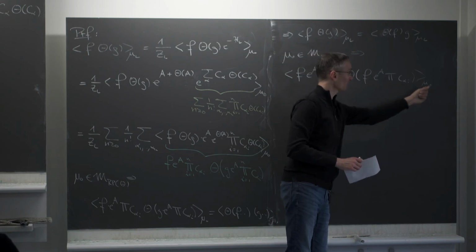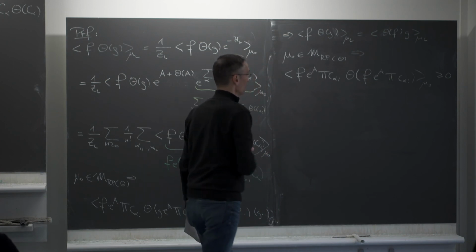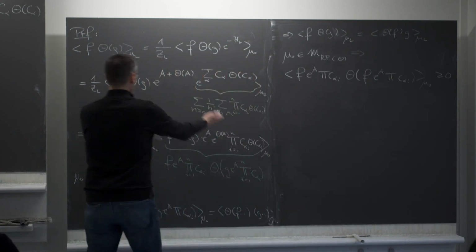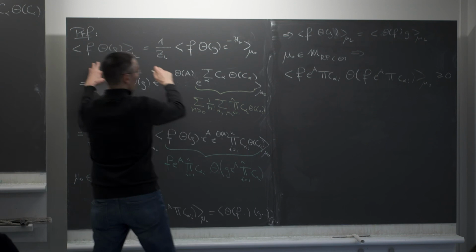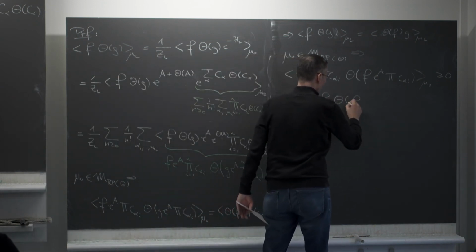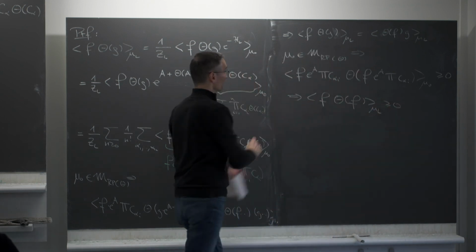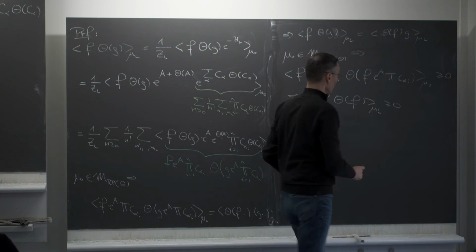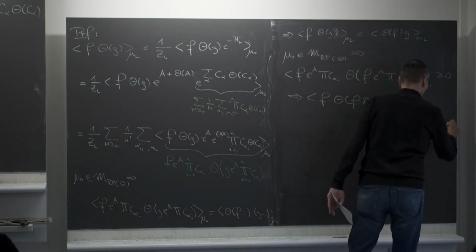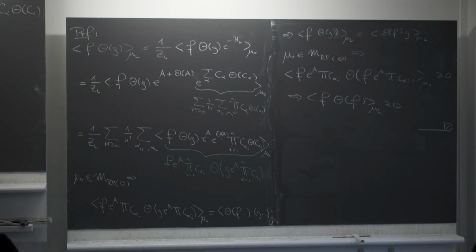So since μ_0 is reflection positive, this is non-negative. And then, if this is non-negative here, everything here is non-negative, so f θf μ_L is non-negative. So we have both this and that, so μ_L is indeed reflection positive. It's not very difficult.